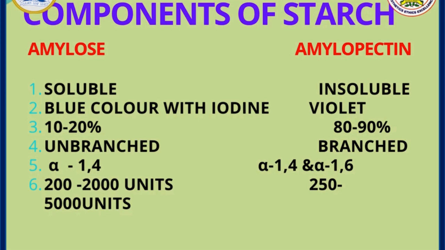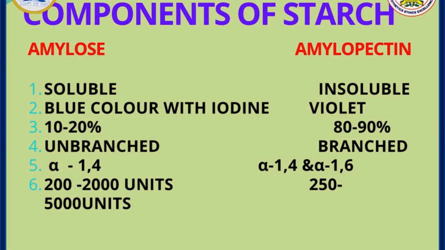In this slide, we can see the properties of amylose and amylopectin. Amylose is soluble in water and gives blue color with iodine. It forms 10 to 20% of the total component of starch and it is unbranched. That means it is linear in structure, formed of only alpha 1,4 linkages.